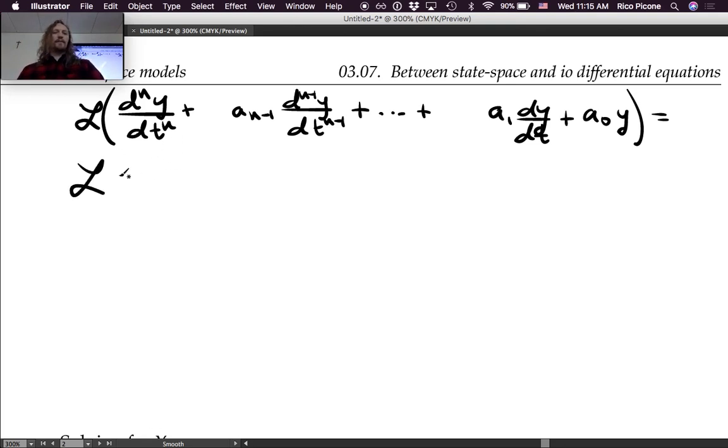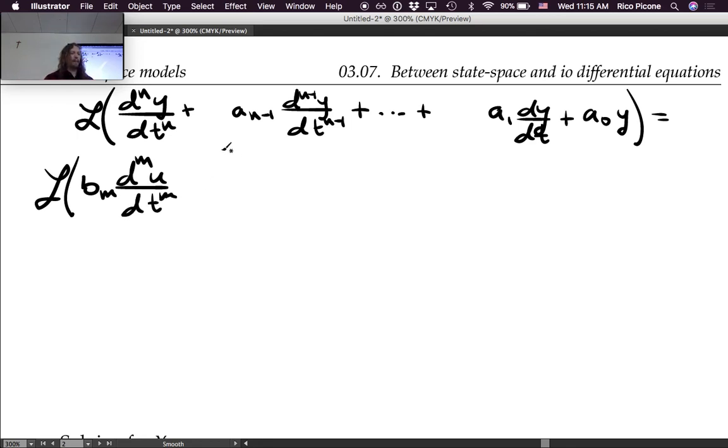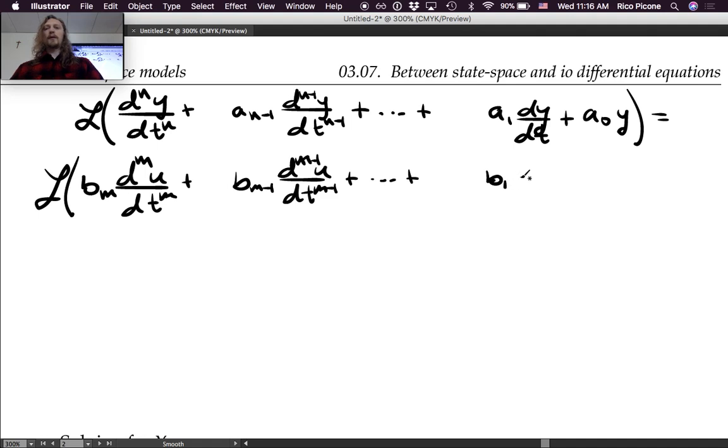There is a coefficient here, so b m and then d^m u over dt^m, which is the mth time derivative of the input, plus b m minus 1 and the m minus first derivative of the input, plus b1 du dt plus b0 u.